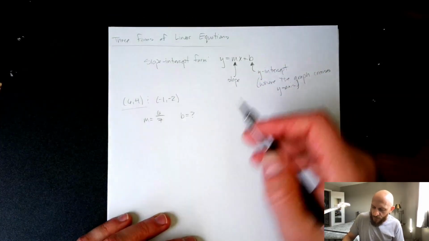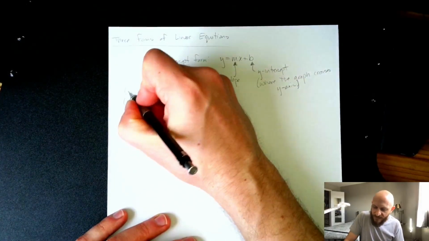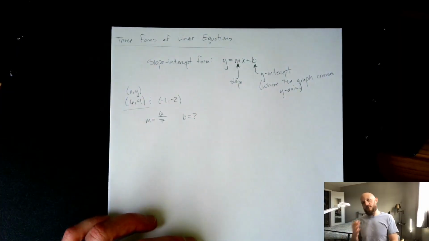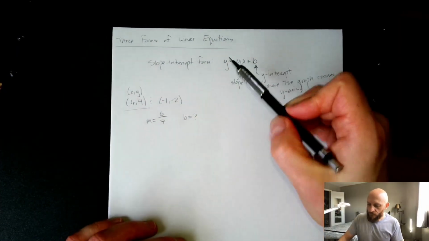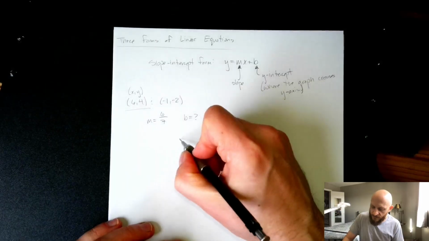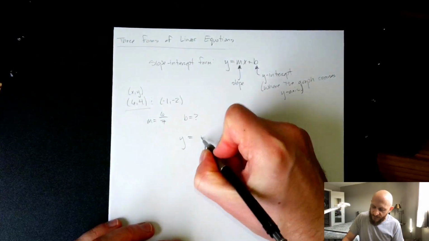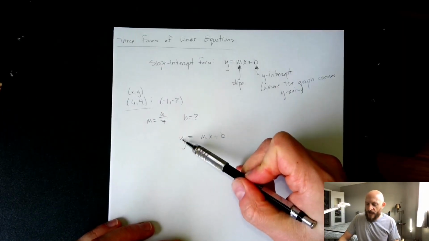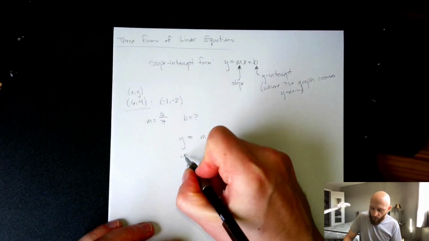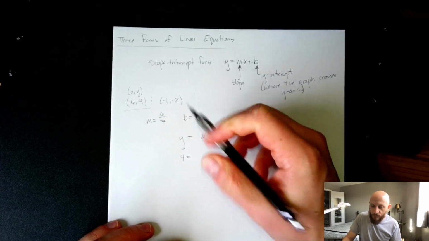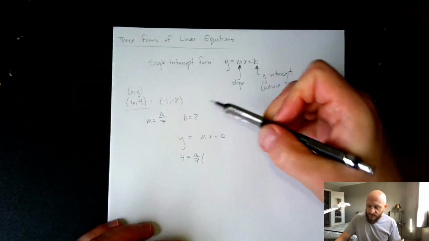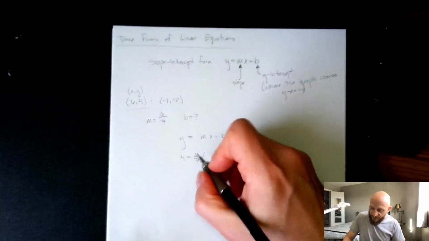I'll choose (6, 4). Remember, the way that these are listed out is x comma y, so it's alphabetical order: first x, then y. So I'm going to substitute everything into y equals mx plus b. Y is 4, so 4 equals m, which is 6/7, times x, which is 6.